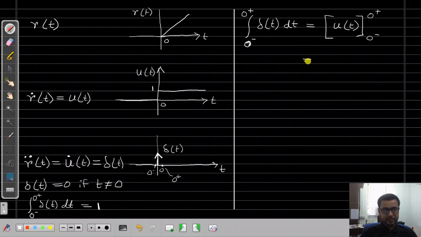So this is equal to u of 0 plus minus u of 0 minus, which is the same as 1 minus 0 equal to 1. So this justifies the definition of delta t.